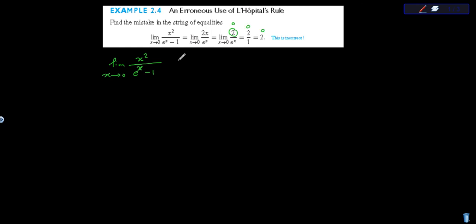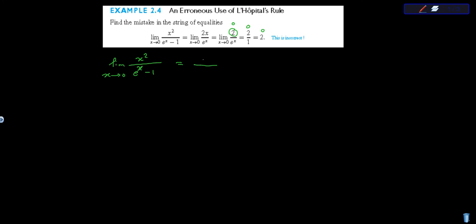Let me show you how to correct this mistake. The first step, before applying L'Hopital's rule, you should substitute x by 0. This is to check if we can apply L'Hopital's rule or not.